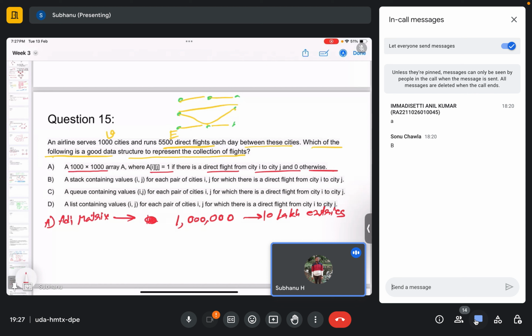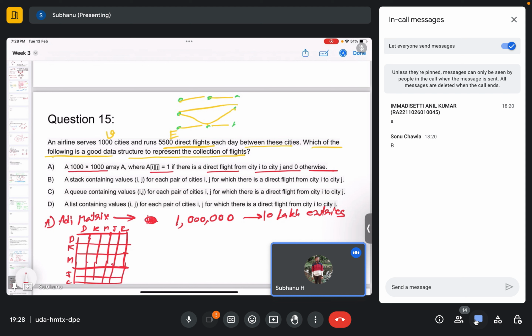Okay, so in the adjacency matrix, from each city, like from Delhi, Kolkata, Mumbai, Jaipur, or maybe Chennai, you will have the same cities on the other axis. So this will be your array.